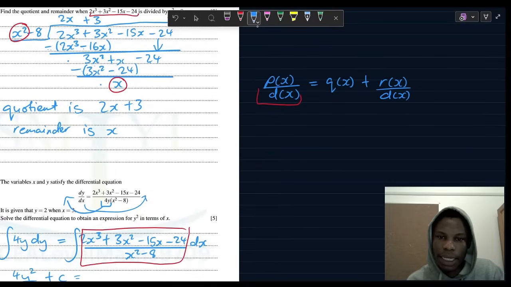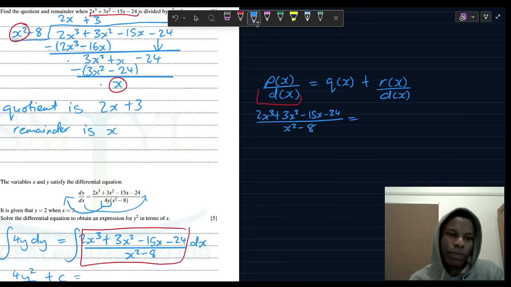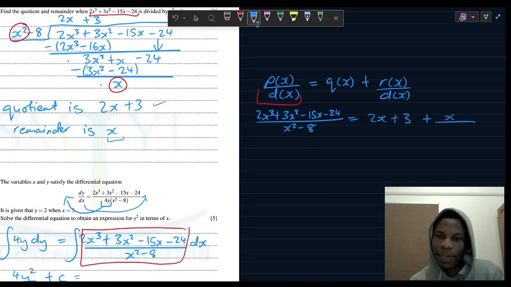So this has to be equal to the quotient plus the remainder over the divisor. So what we're saying is that 2x cubed plus 3x squared minus 15x minus 24 over x squared minus 8 is equal to our quotient, which is the 2x plus 3 here, plus the remainder, which is the x, divided by x squared minus 8.